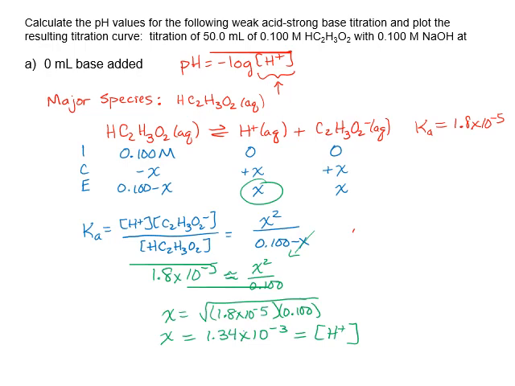We should check, is this X value actually small relative to 0.1? When we do the check on that, yes, it's about 1%, so we're okay in our assumption. So now we can plug that into our pH equation to find that the pH of the solution before we add any base is 2.872.